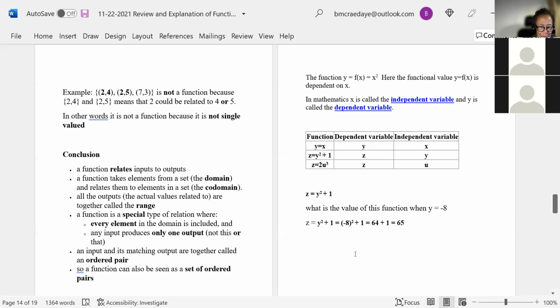Y is 0. So when y is 0, what is z? It's 1. It's 1. That's right. 0 times 0 is 0. So z is equal to 1, because 0 times 0 is 0 and 0 plus 1 is 1.